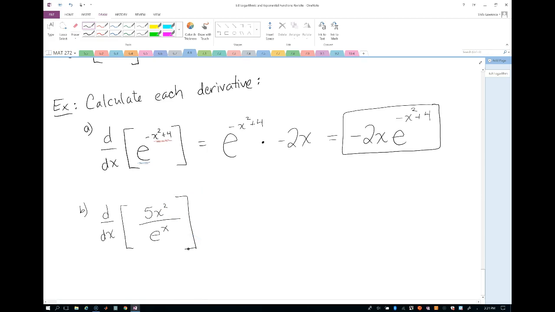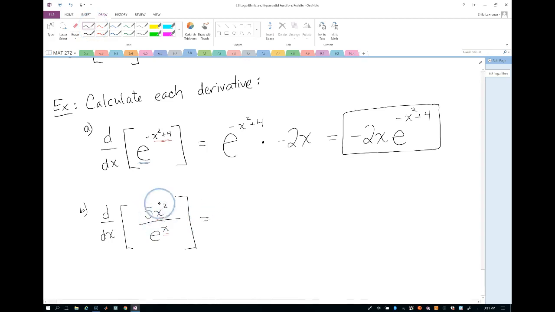Now a quick example with quotient rule. If we want the derivative for 5x squared divided by e to the x, since the function we want the derivative for has x's in two different locations, we need to figure out how those functions are being combined, and this is division. That means we use quotient rule.